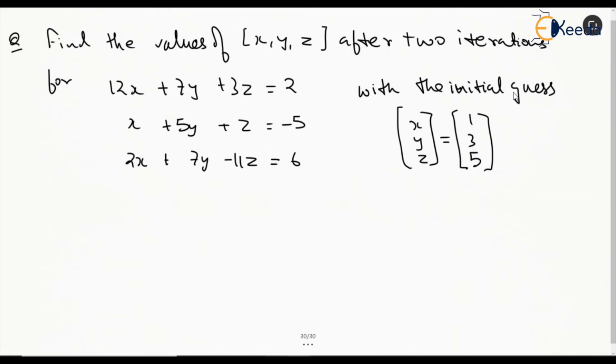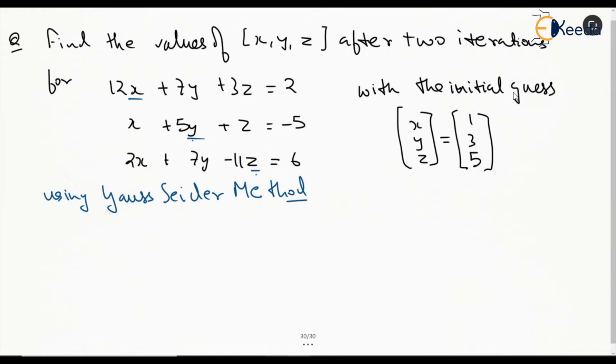So for Gauss-Seidel method, the first thing we need to do is finding each of the variables in terms of other variables. So let's say we are trying to find x from the first equation, y from the second equation, and z from the third equation.